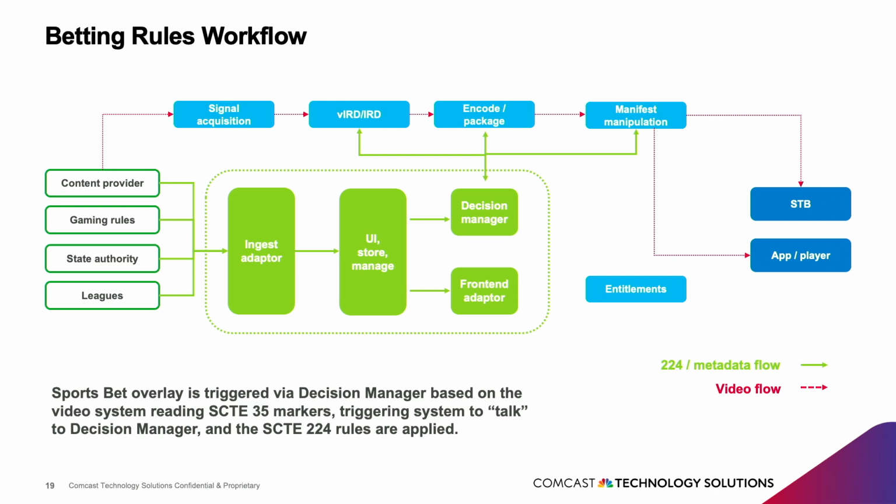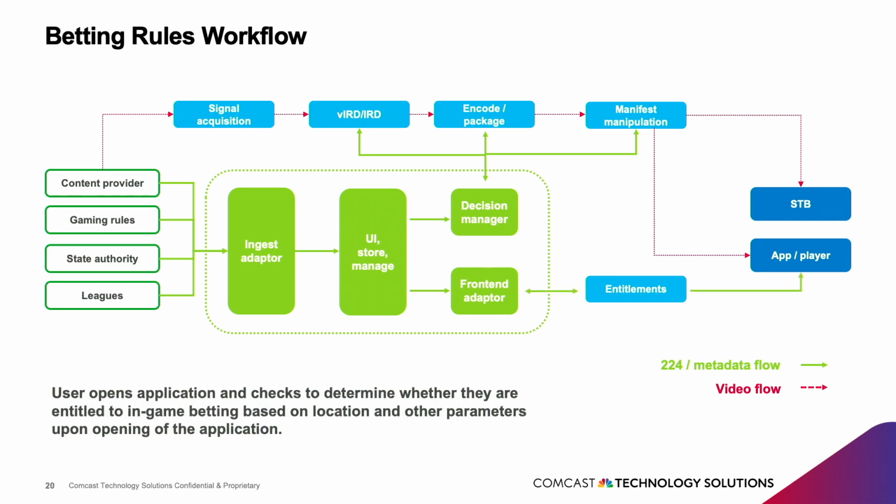Then you would envision a sports bet overlay on the video being triggered based on the decision manager, the decisioning tool that's matching up the SCTE 35 and the SCTE 224, that will enable the bet to happen within the video workflow.